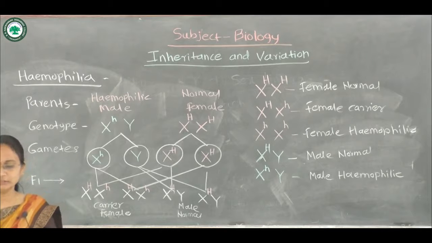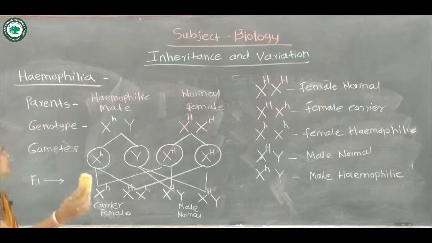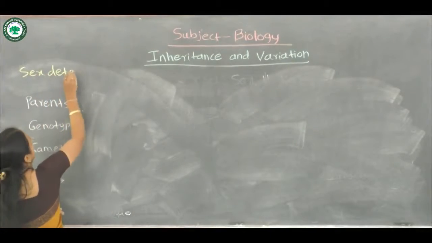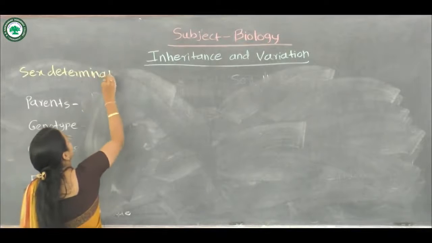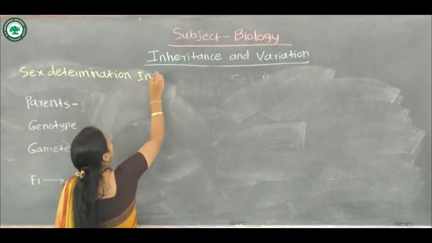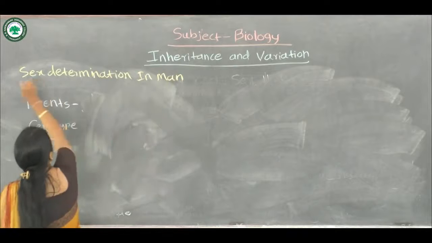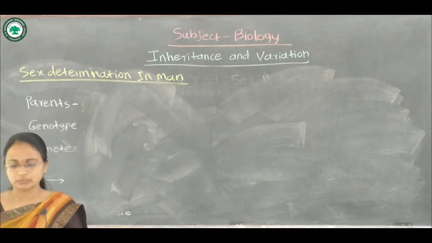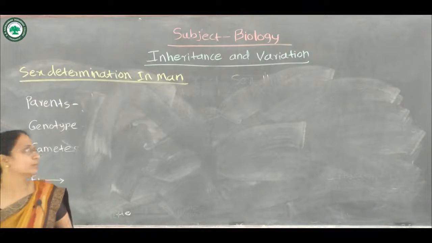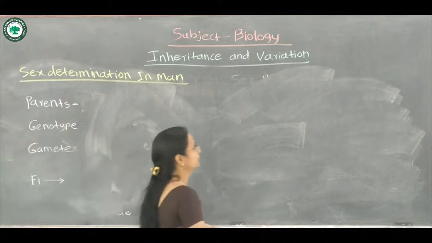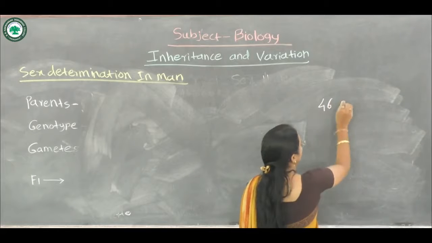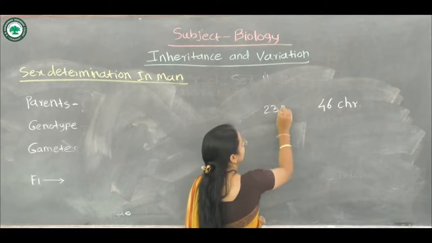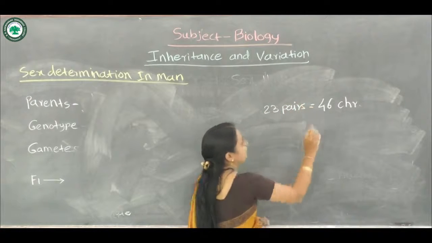Now come towards the sex determination in human beings. As we know, the normal chromosome number present in the human being is 46 chromosomes, and these 46 chromosomes are nothing but 23 pairs.